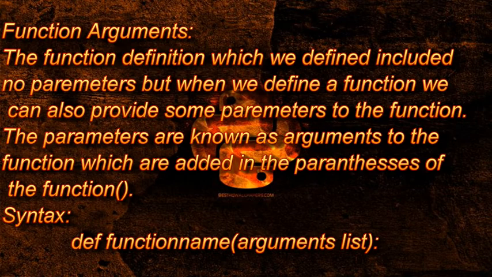The parameters are written in the parentheses. Earlier we wrote def one func with empty parentheses. Similarly, if we want to add arguments, we add them to functions in which we want to perform some action, like addition or subtraction.